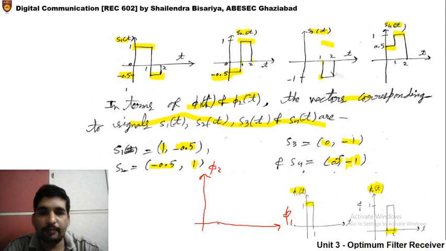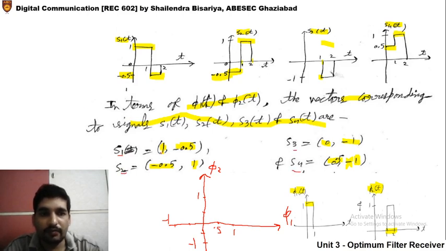Let us mark 0.5 and 1, similarly everywhere, and on the negative side minus 0.5 and minus 1 as well. Now let us see where we can represent S1, S2, S3 and S4 in vector space.